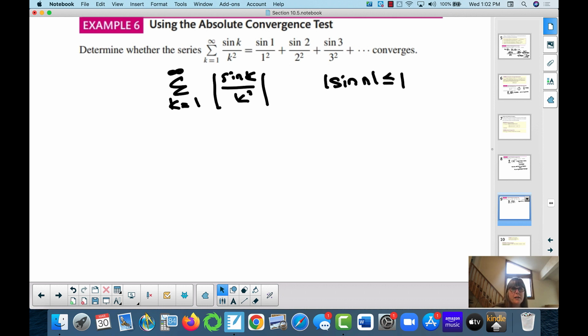And if we take the absolute value of that, it's going to be less than or equal to 1. That means that the absolute value of sine of n over n squared has to be less than or equal to 1 over n squared, because n squared is always going to be positive.